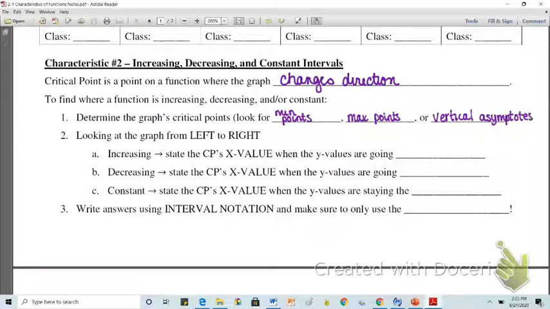Remember, a vertical asymptote is a line that a graph will get ever close to but never ever touch. Usually on our graphs, it's seen as a red dotted line.